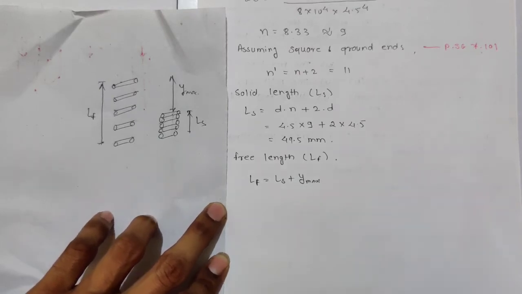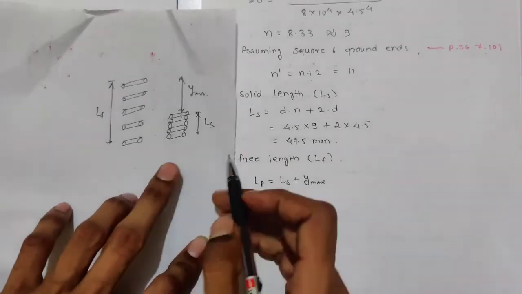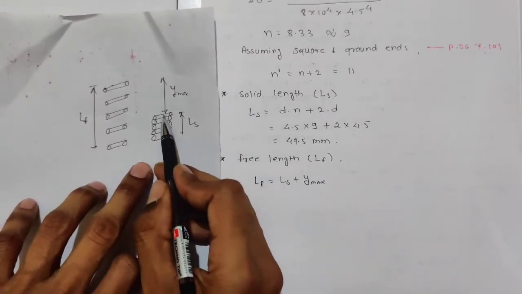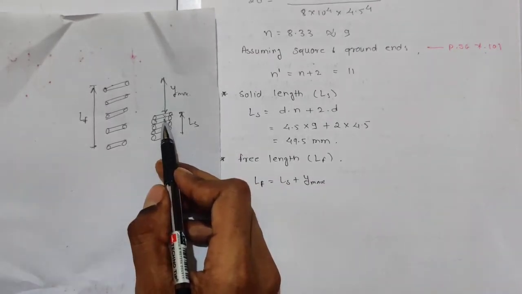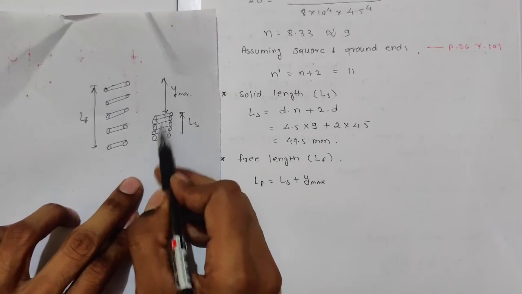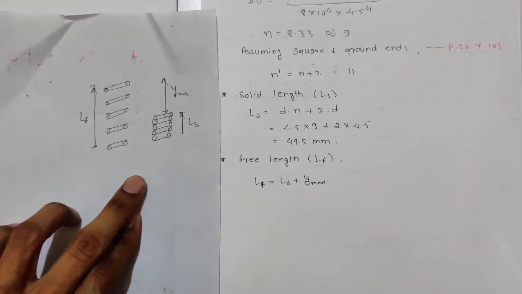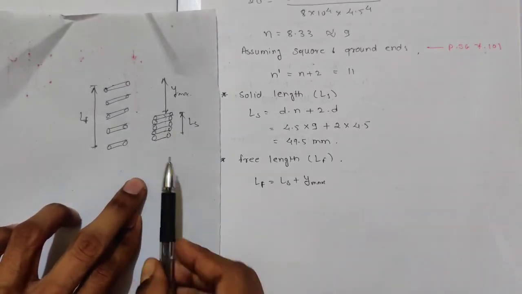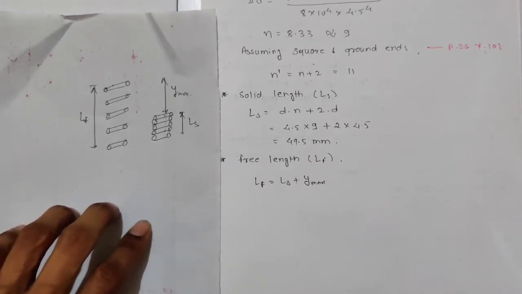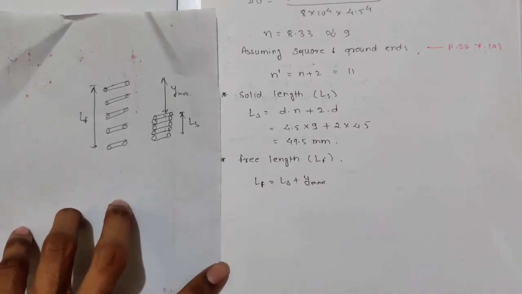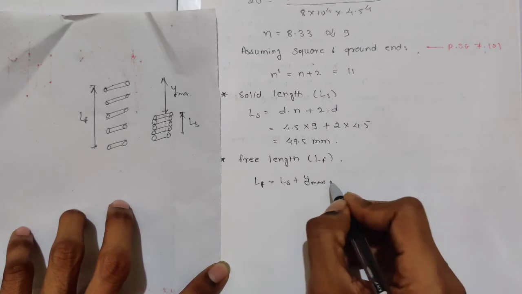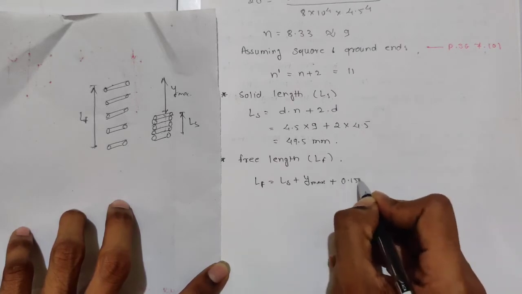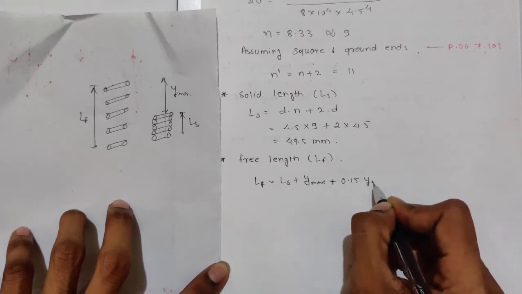Okay, but when we have ls, we consider ls, there is always a clearance of 1 mm between every coil, or there is some clearance between every coil. So we have to consider that clearance, and we consider that clearance as 0.15 of y max.